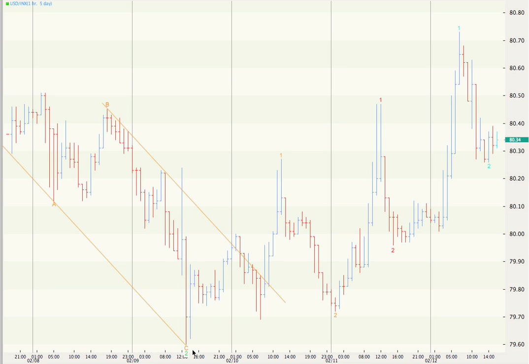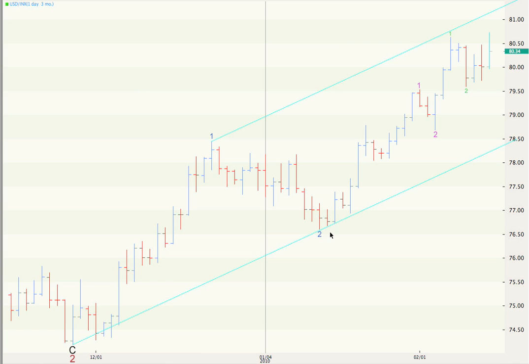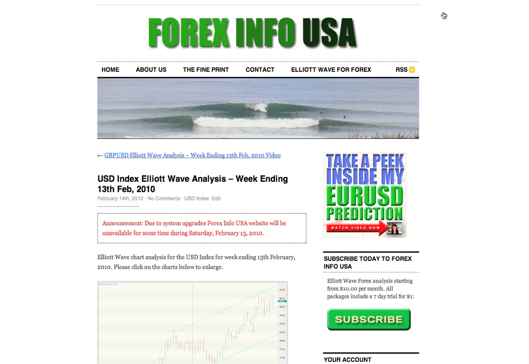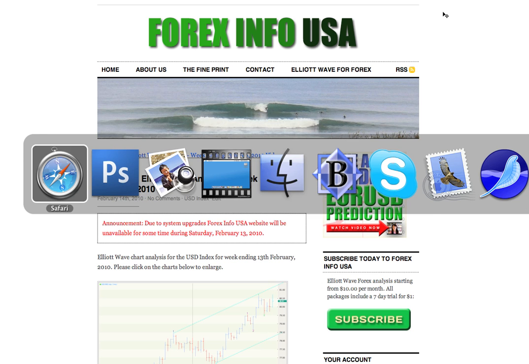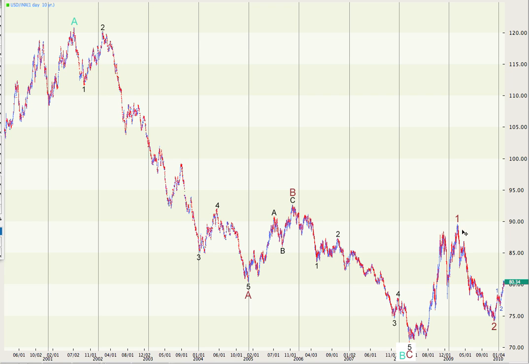Going back to the daily and a longer term target, and we've still got at least a couple of weeks to go for this one, for wave 3 blue, it could be 83.5, or now I think more likely 87.76. We could get up to there in the next couple of weeks or so. And taking you also back to this 10-year chart, an overall target, and this is going to take maybe all year, for the upwards end of our primary third wave.